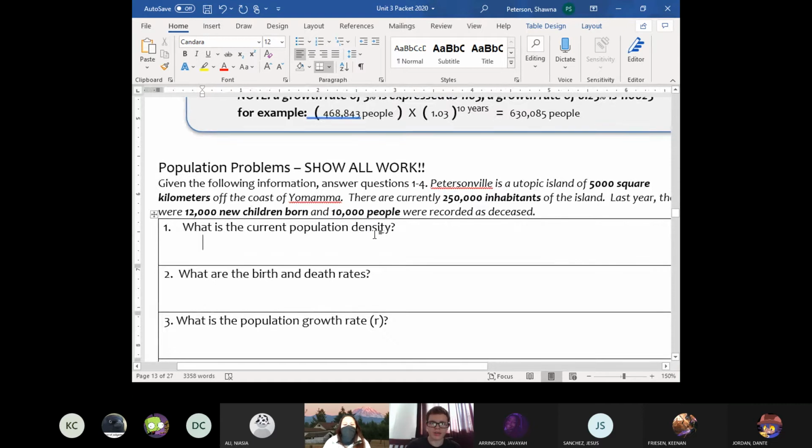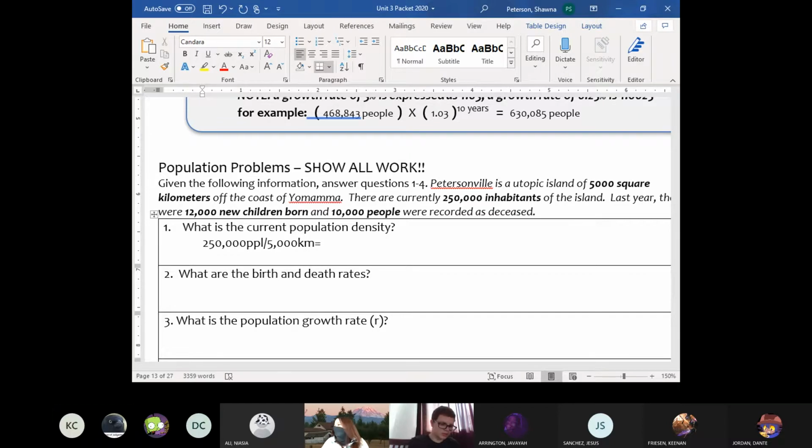Yep. So I need my population divided by the area, which is 5,000. And the area is in kilometers, which gives us... I'm typing it up right now.